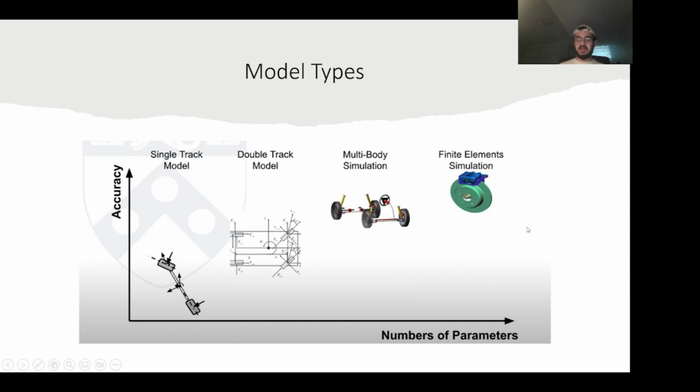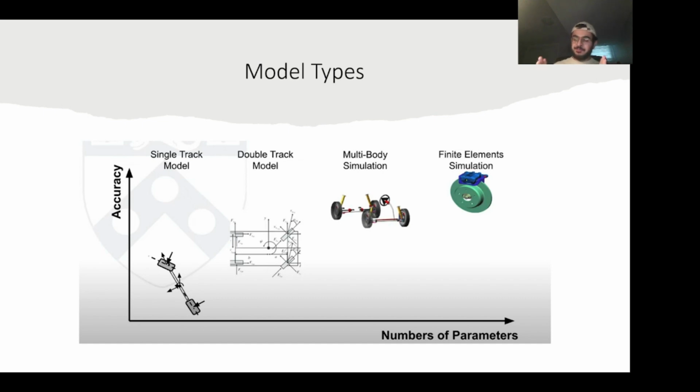So basically, there are four categories of model types. They are the single track model, double track model, multi-body simulation, and finite element simulation. As we go from left to right, from single track to finite element simulation, the number of parameters increases.